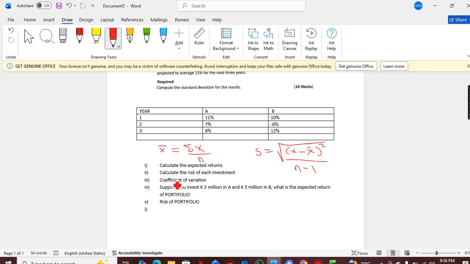Find the coefficient of variation. The coefficient of variation, colleagues, tells us, for every 1% return we get, what percent of risk we're going to incur.